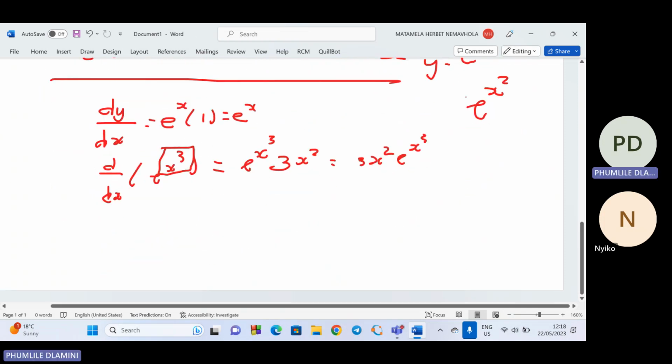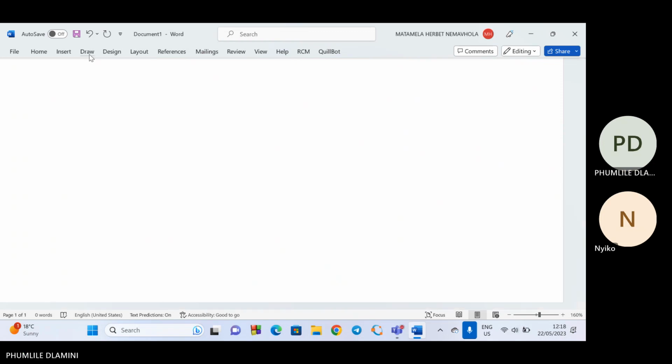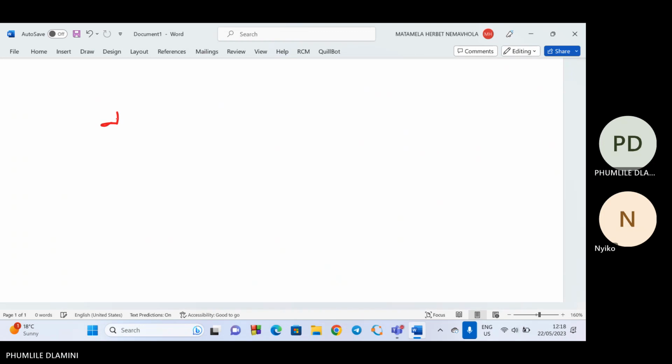So you can practice more of this one for ln and e. Then we also have differentiation, of course, of a trig. So d over dx of cos of x.